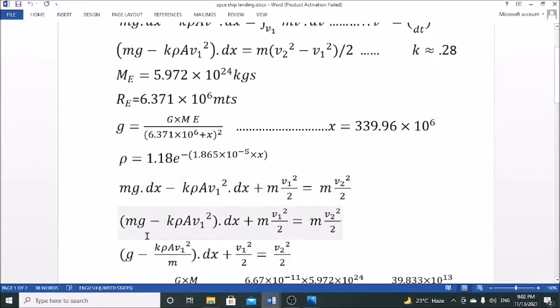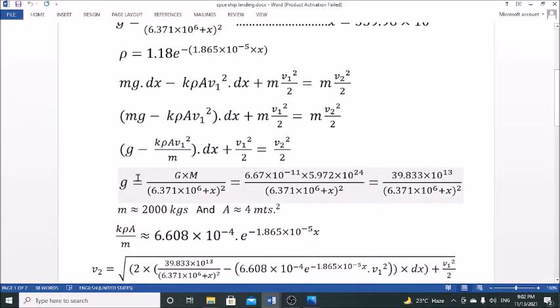So (mg minus k rho a v1 square) dx plus, rewriting it, we haven't changed anything almost between these two steps, and dividing by m, here we have g minus k rho a v1 square over m, dx. Of course, this quantity has the units of acceleration, into dx plus v1 square equals v2 square over 2.